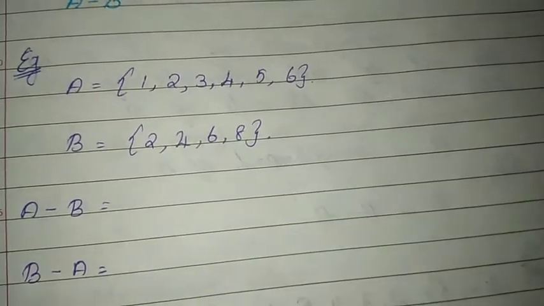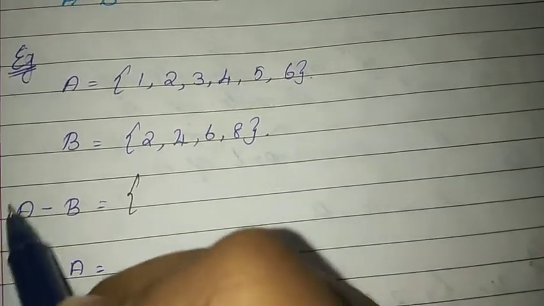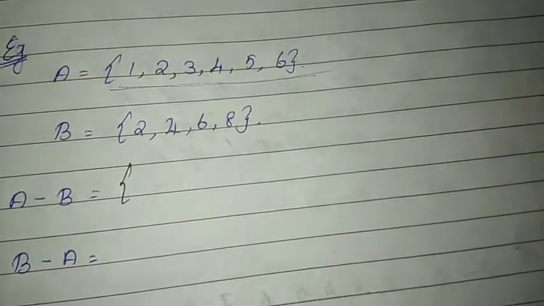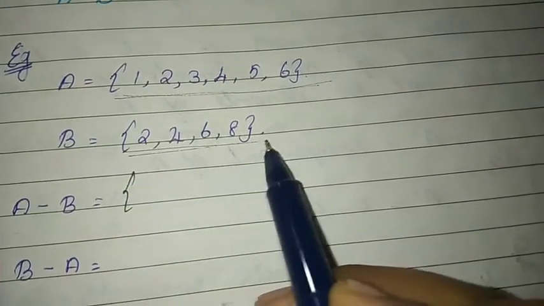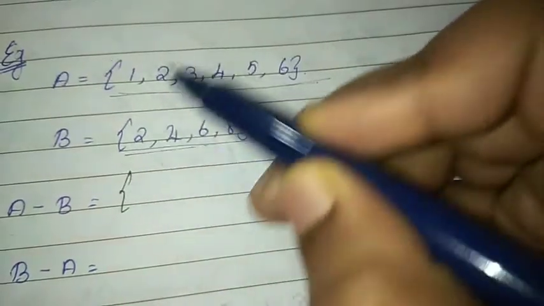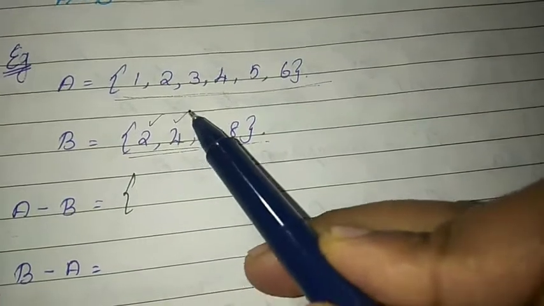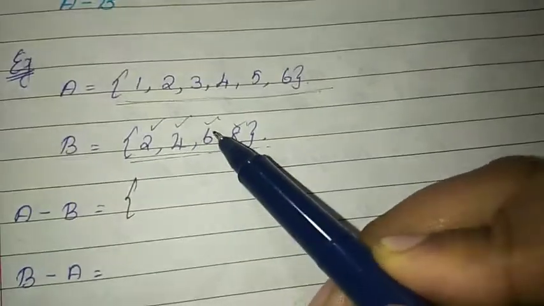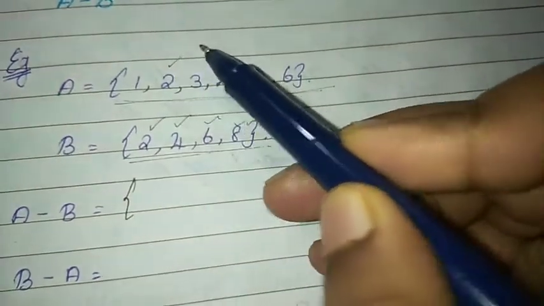Now how will I find A difference B? It means I will be taking all the elements only from the set A, but I won't take the elements which are in set B. A difference B means I will be subtracting the elements that are in set B. Here I have 2, 4, 6, 8, so I will be subtracting 2, 4, 6, 8 from set A. So in set A, 2, 4, 6 will go.